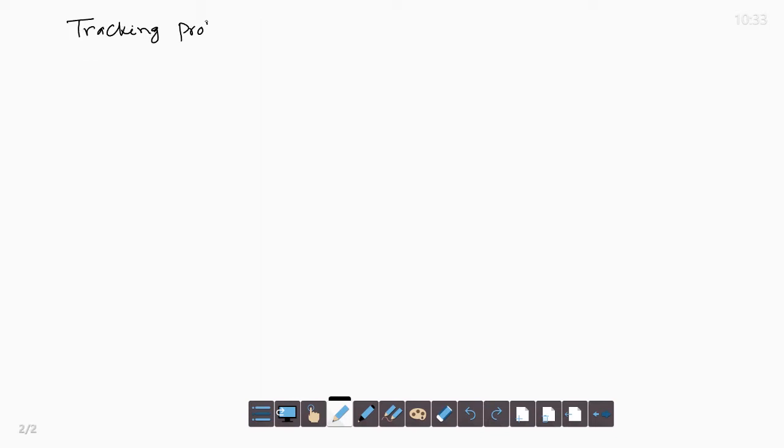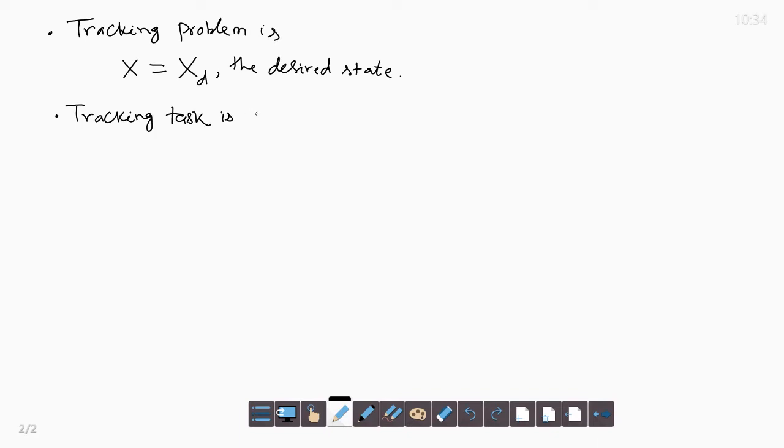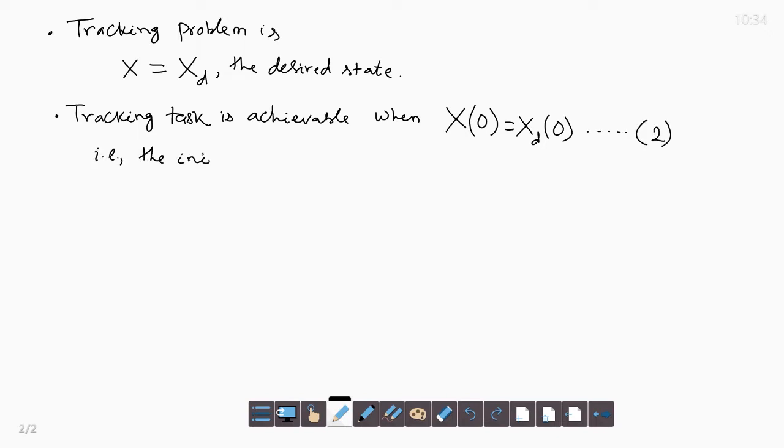Tracking problem is x equals xd, the desired state, and the tracking task is achievable when x(0) equals xd(0). This is equation 2. That is, the initial state which corresponds to t equal to 0 is the desired state.